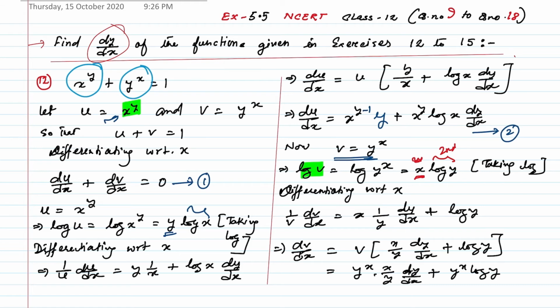So here you can see, if you divide y to the power x by y, then you will get y to the power x minus 1. So here we will get x into y to the power x minus 1 dy by dx. Okay, so hope you have understood this.